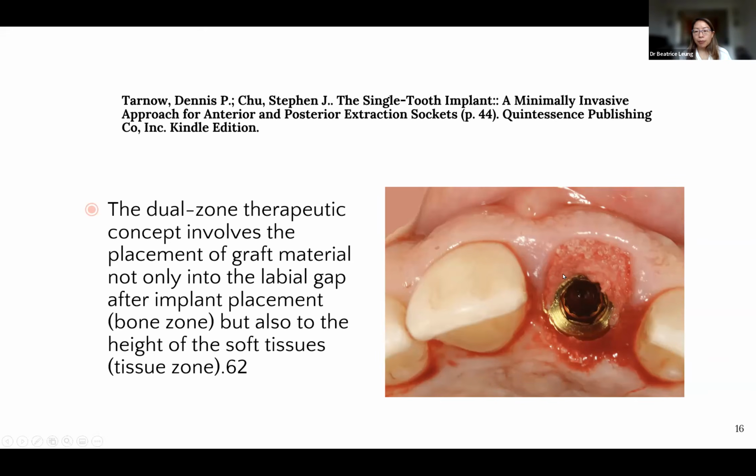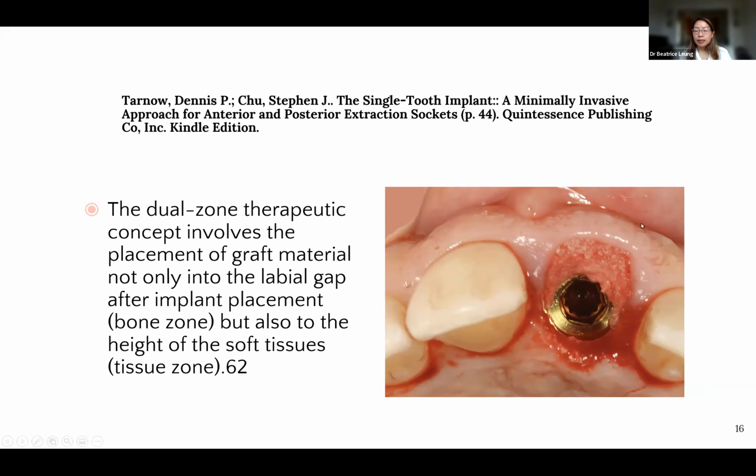And biologically speaking, you want to fill this gap with bone grafting material, not necessarily just for the bone. Specifically, in this article, they tell you to fill the bone graft right to the soft tissue because it helps preserve the soft tissue contour.